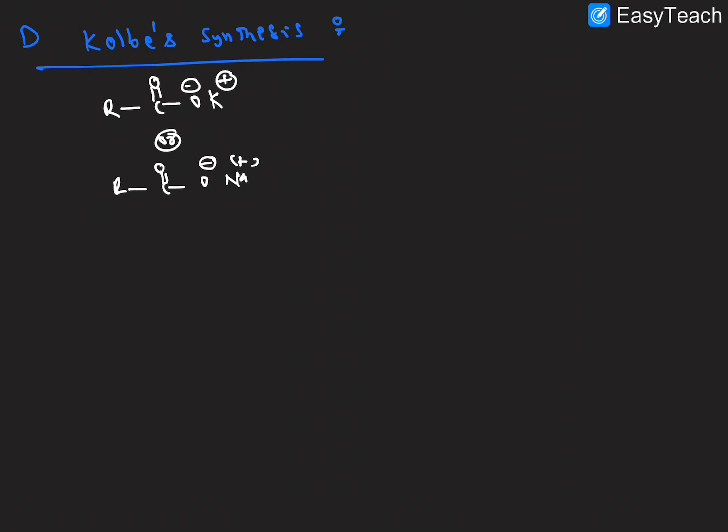This is treated with, this is electrolyzed at an inert electrode. You'll get a higher alkene. So here, the sodium or potassium salt of a monobasic acid is electrolyzed, so electrolysis in aqueous conditions.